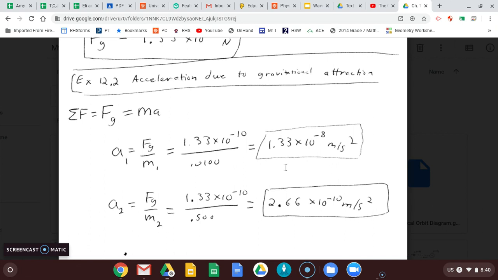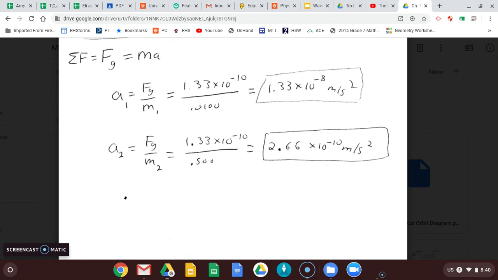Like, for example, the moon orbits the Earth because the moon's mass is much smaller than the Earth's. Therefore, even though the force is the same in both of them, it seems like it affects the moon more because its mass is lower. Again, we'll talk about more later.